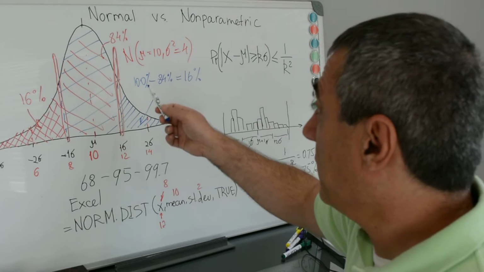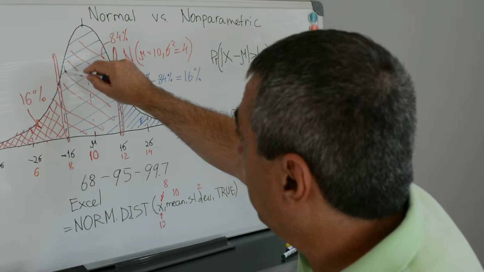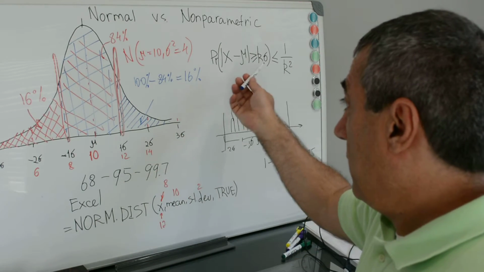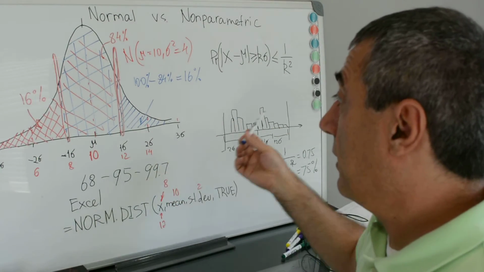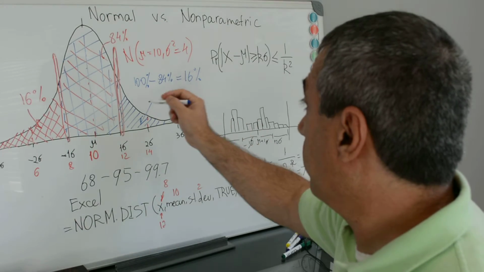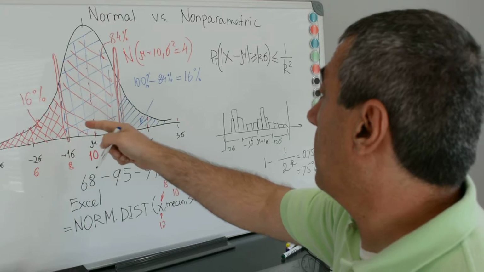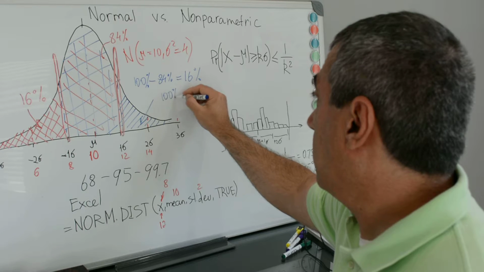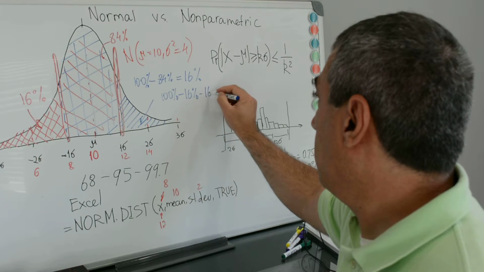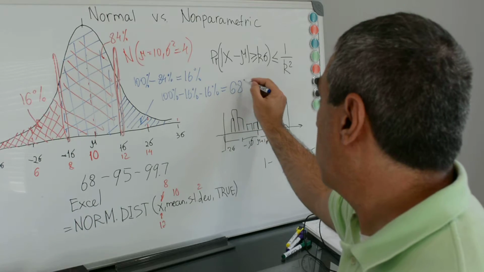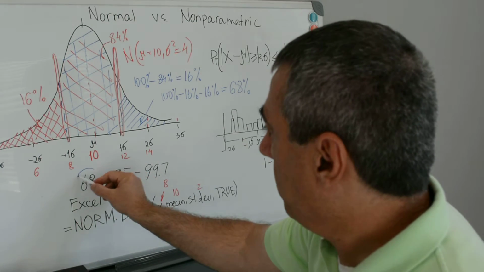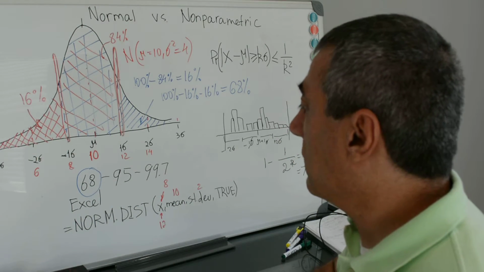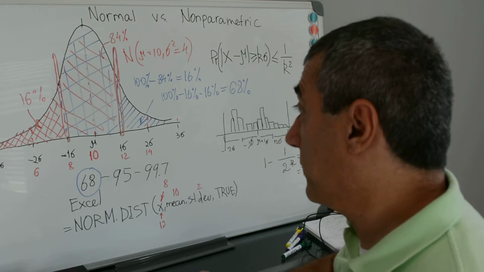And naturally, what would be the probability within minus and plus 1 standard deviation? The answer is obvious. If outside of this region is 16% on each side, then 100% minus 16% minus 16% is 68%, which is confirmation of the 68, 95, and 99.7 rule for this part.